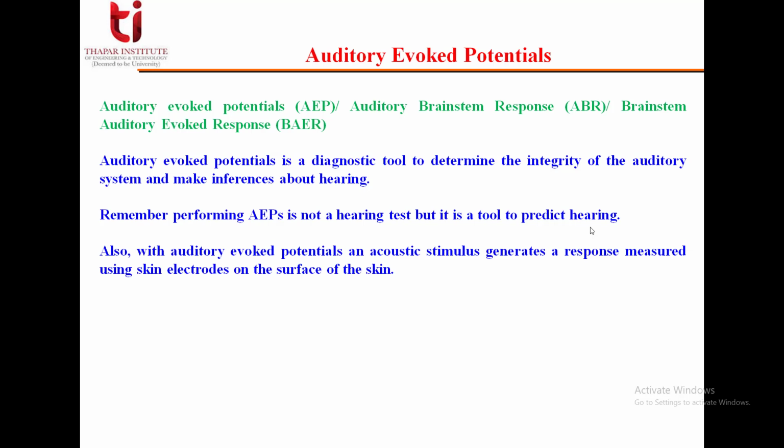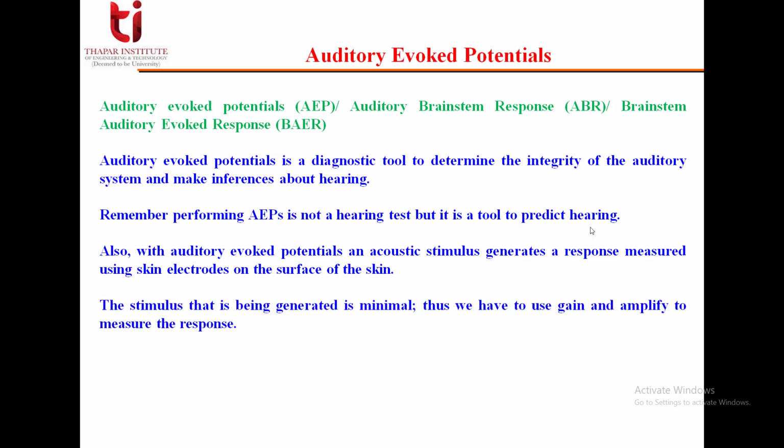Also, with auditory evoked potentials, or in short AEPs, an acoustic stimulus generates a response measured using electrodes on the surface of the skin. The response generated is minimal, thus we have to use gain and amplify to measure the response.